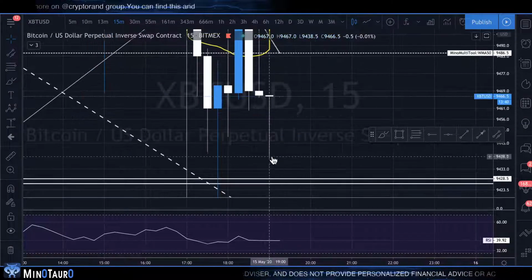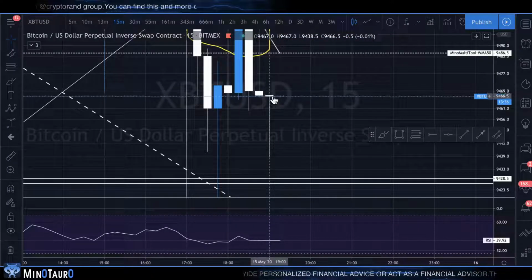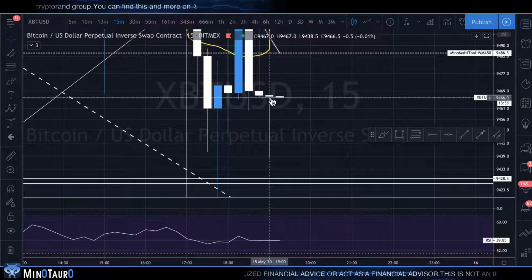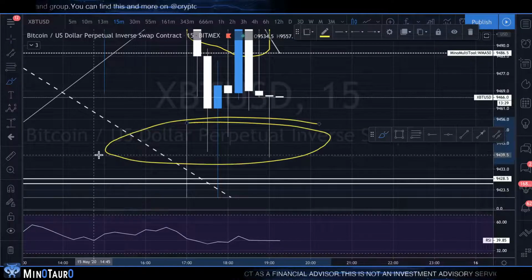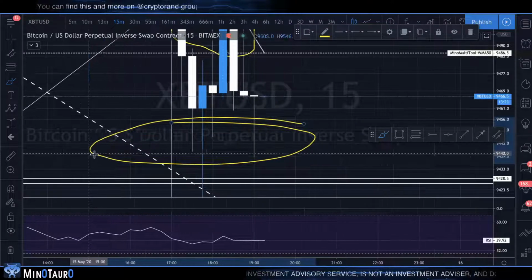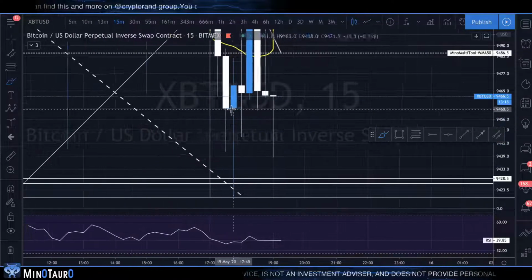Okay, you can see there is support around here, so the price did not really crash badly, because there are orders. Same orders that accumulate on the top, on the order block, accumulate on the bottom to actually have the price reverse. Okay, so this is it.